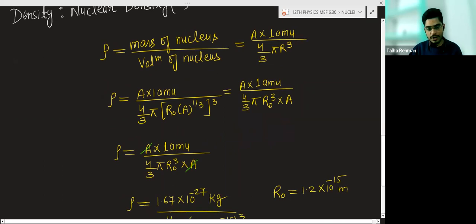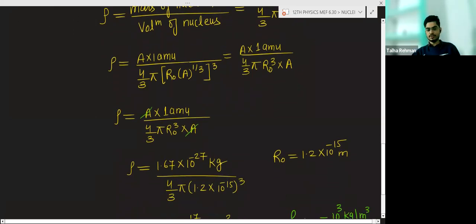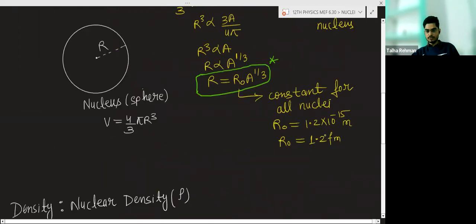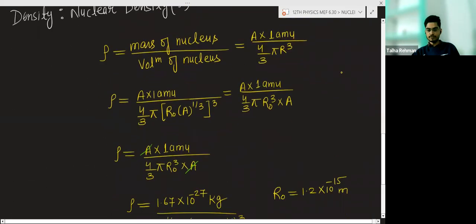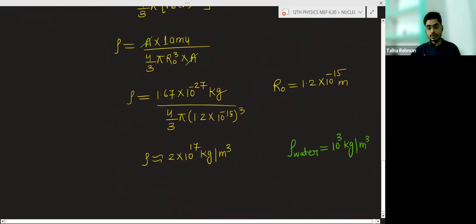Now you have 1 AMU, and in the denominator you have 4 upon 3 pi R naught cube. Put the values: 1 AMU is this, 4 upon 3 pi, and R naught value is 1.2 into 10 to the power minus 15.